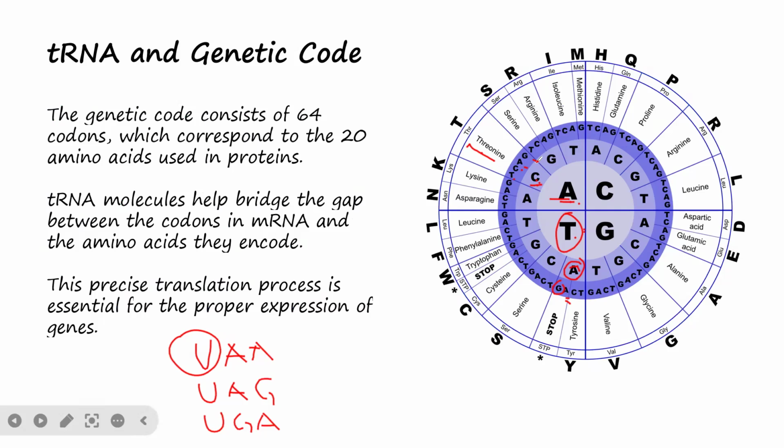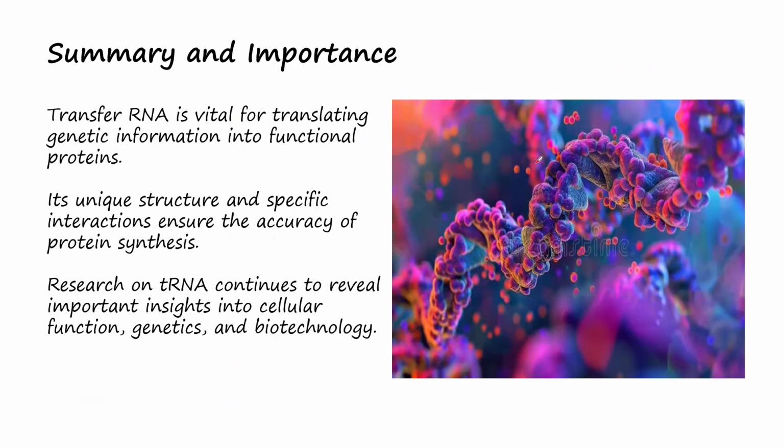Transfer RNA helps bridge the gap between the genetic codes in mRNA and the amino acids they encode. So this is what we call the genetic code. I'm going to do also a video on genetic codes and you will enjoy it. This is just to show you the role of transfer RNA in the genetic code and protein synthesis.